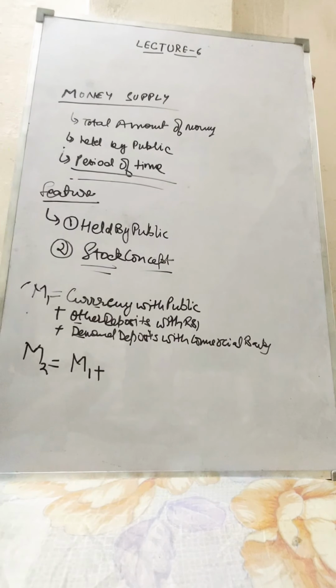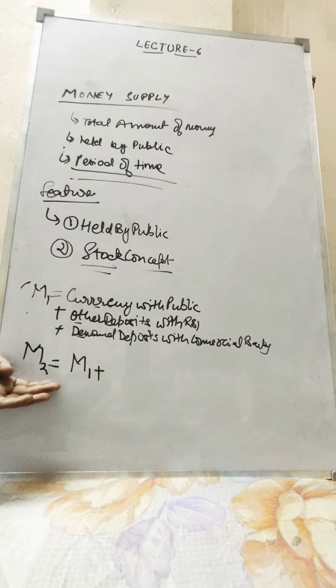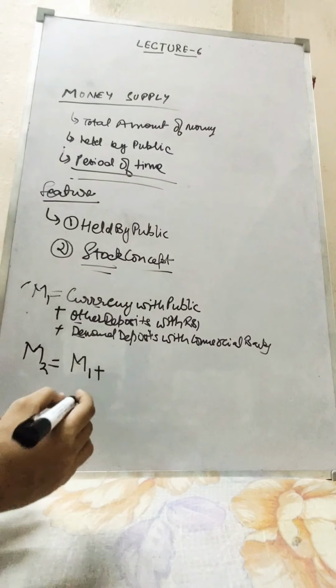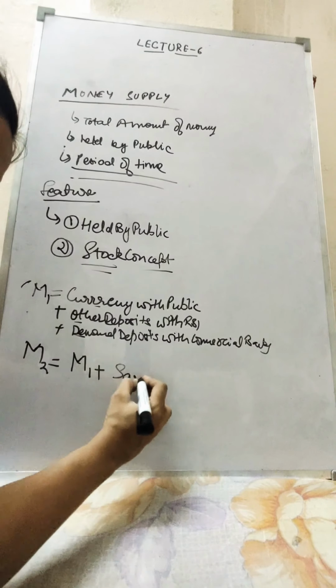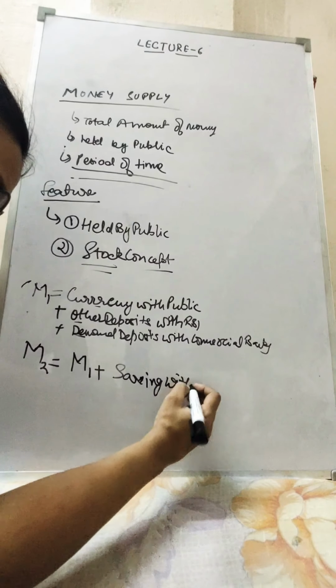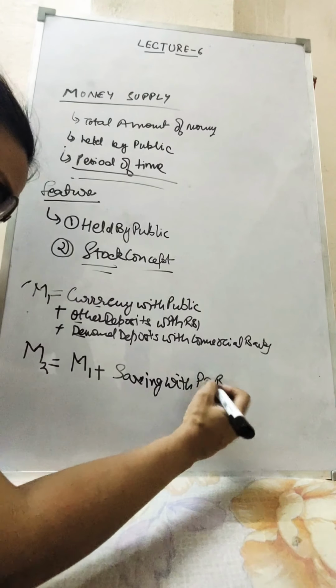Nowadays it's more popular. You can go to your nearby areas where there is a post office, and they also have a bank along with that. Whenever you make deposits with that, it's added directly to the money supply measure in M2. So writing here, savings with post office banks.